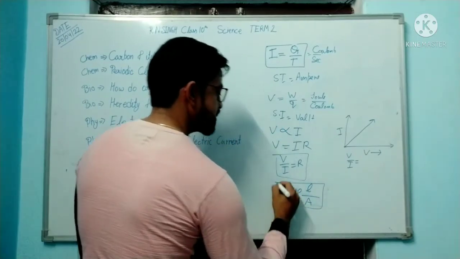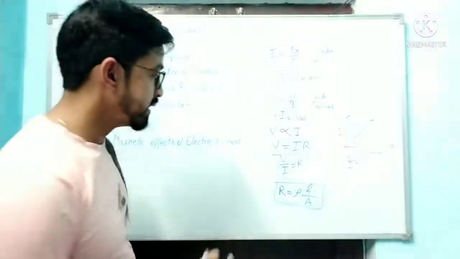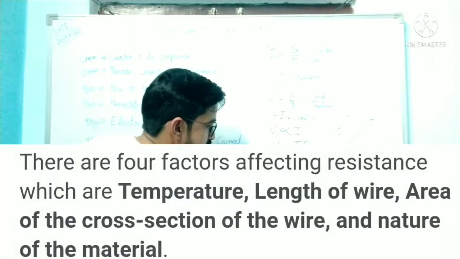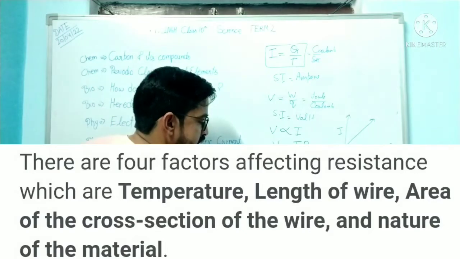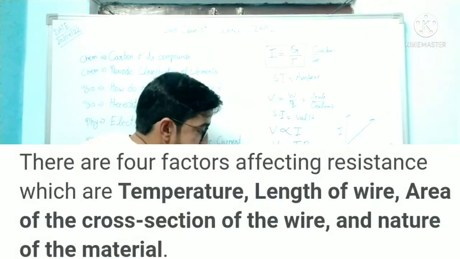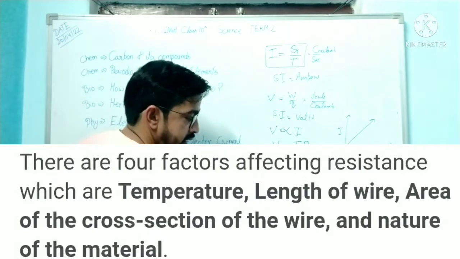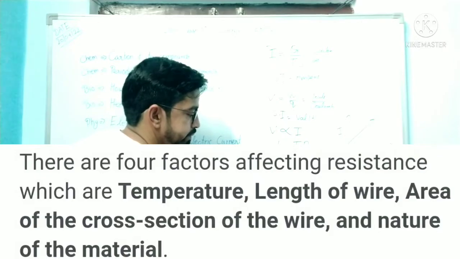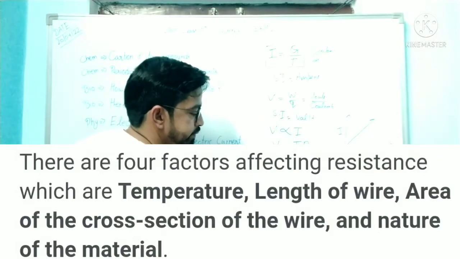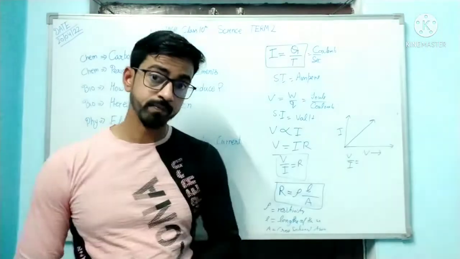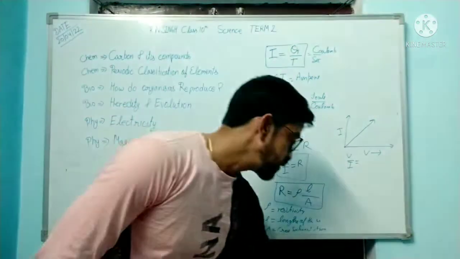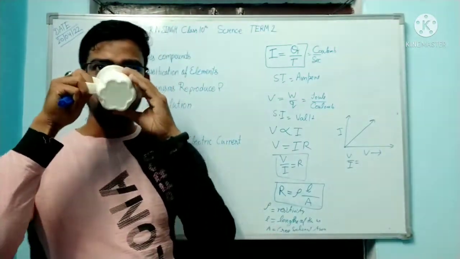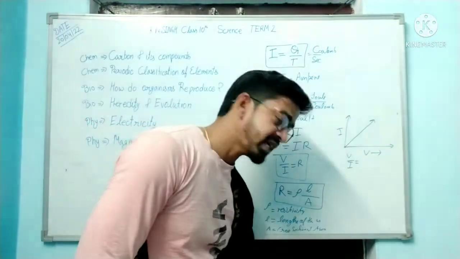Some other factors it depends upon, like temperature. Here rho is the resistivity of the wire, L is equal to the length of the wire, and A is the cross sectional area of the wire, which is very helpful for solving our numericals. Also it depends upon the temperature.